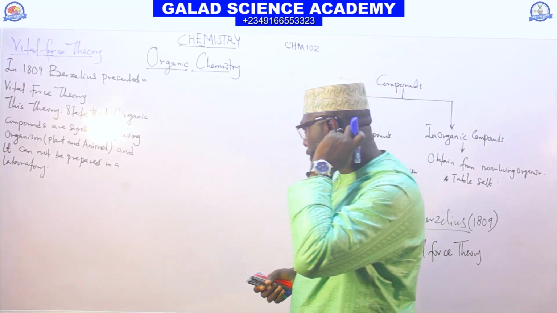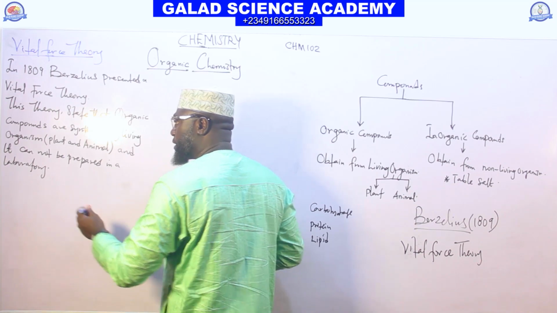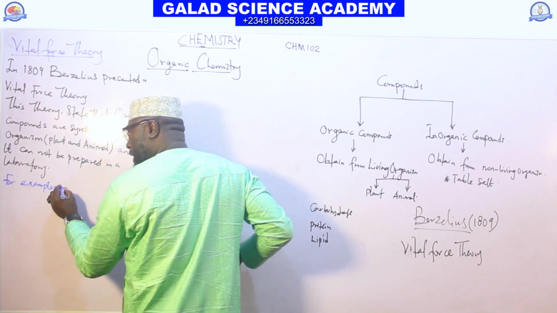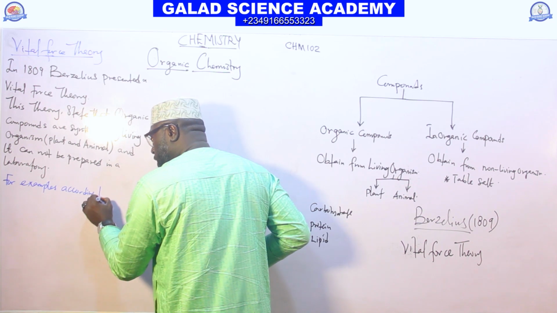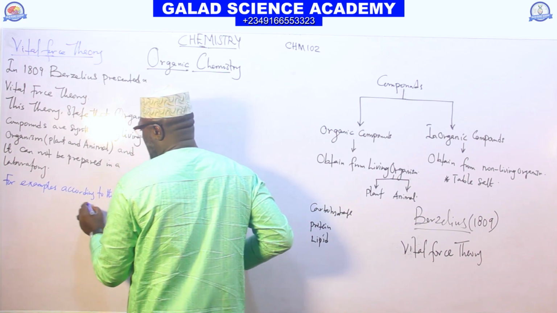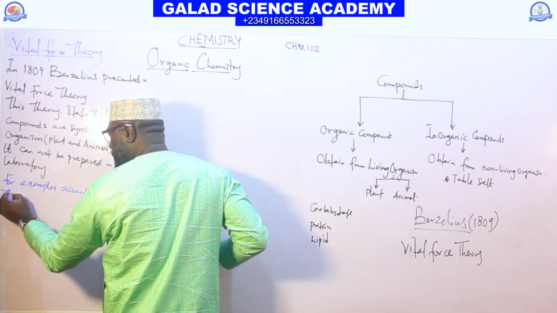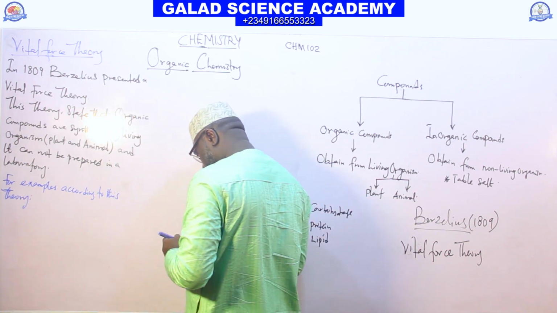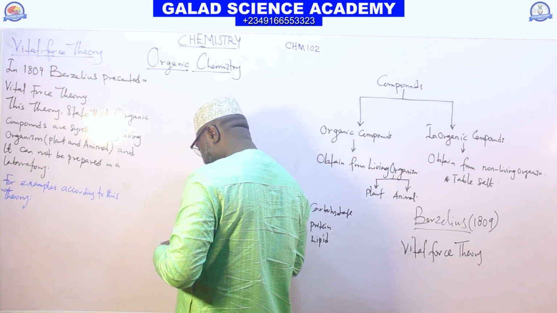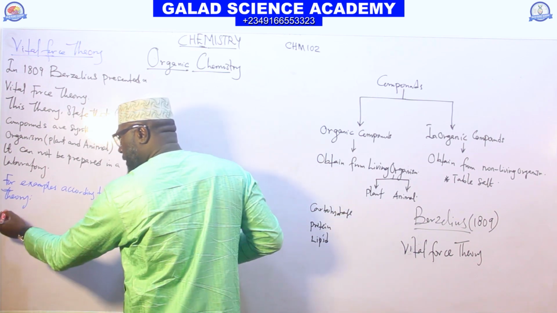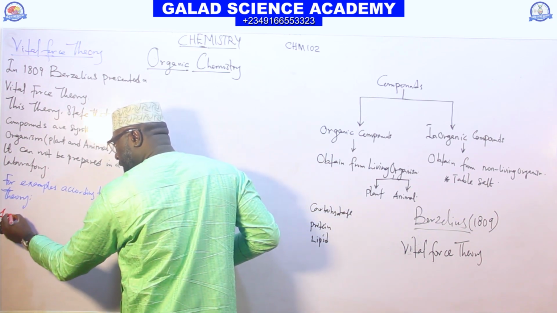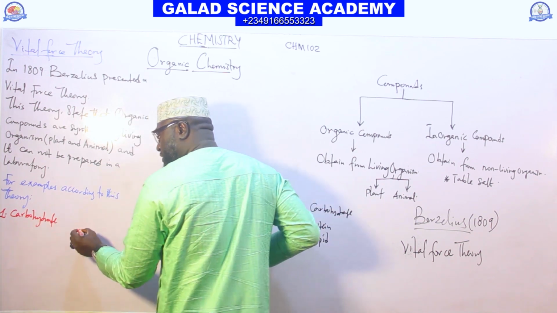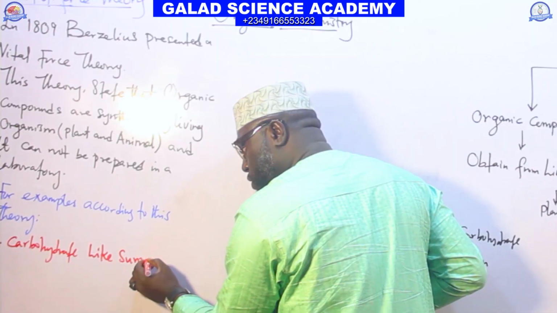For example, according to this theory, we have carbohydrates like sucrose.